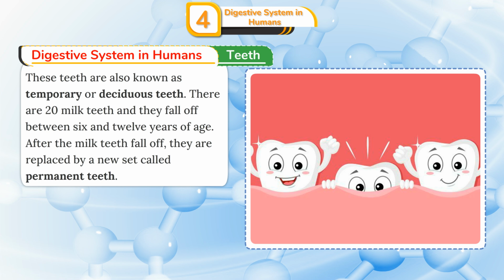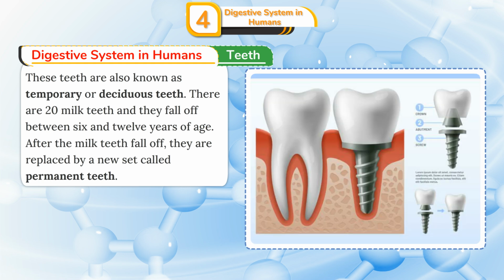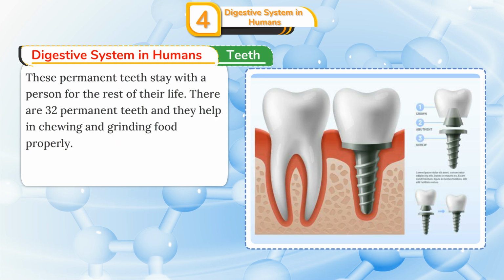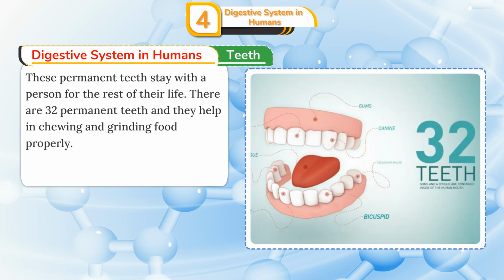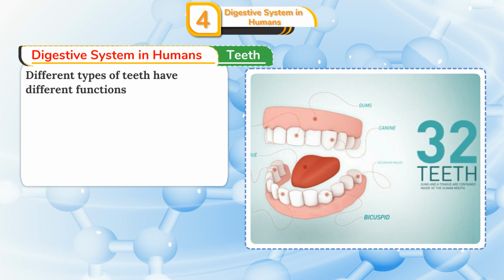There are 20 milk teeth, and they fall off between 6 and 12 years of age. After the milk teeth fall off, they are replaced by a new set called permanent teeth. These permanent teeth stay with a person for the rest of their life. There are 32 permanent teeth, and they help in chewing and grinding food properly.